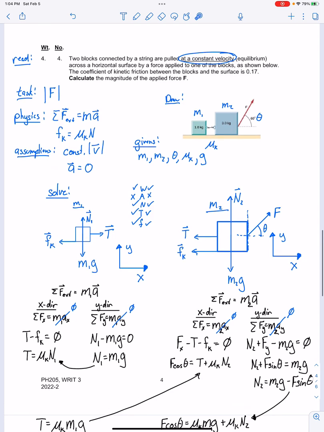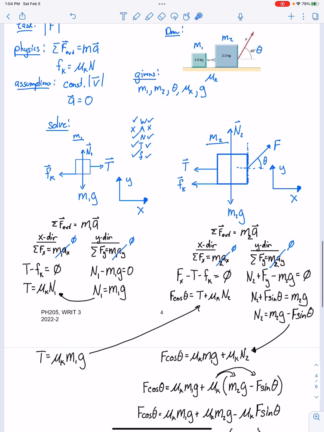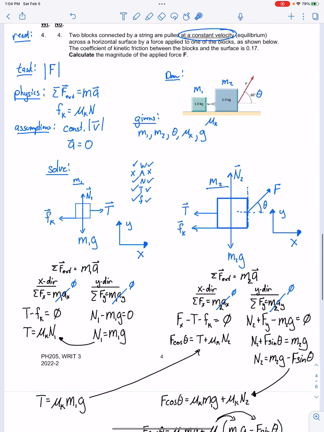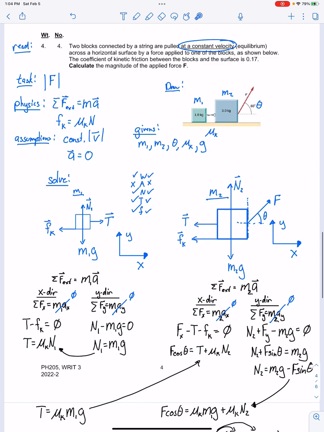And then on the last one, again, we've got two masses. So this is a Newton's second law problem where we do free body diagrams for both of those masses. But similar to our terminal velocity problem, we're told that this is moving at a constant velocity. So the friction force pulling back on these objects is canceling out with the x component of the force being pulled forward.